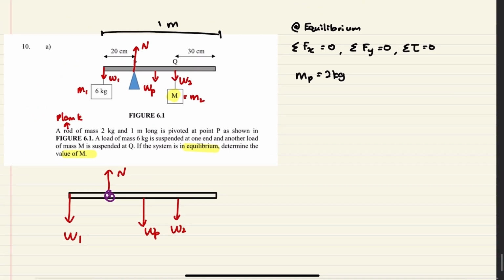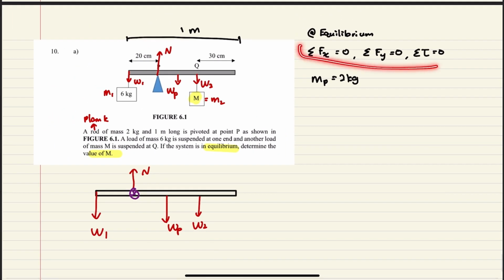Like I told you before, you want to use these 3 pieces of information straight away, and normally I'm going to do it side by side. There's no force in the X component, no left and right force, so we just focus on this one.